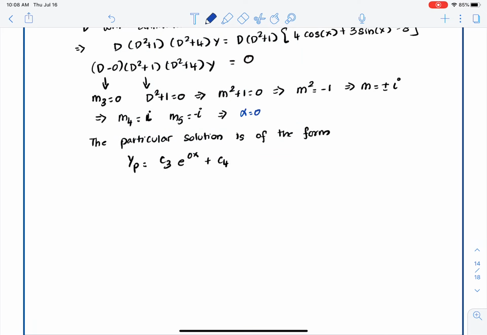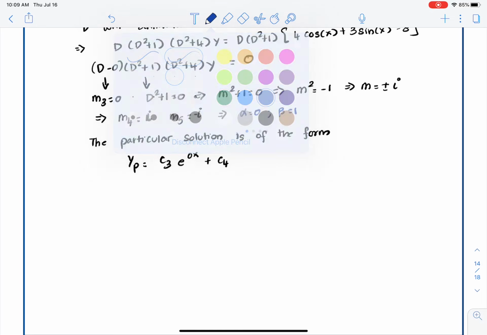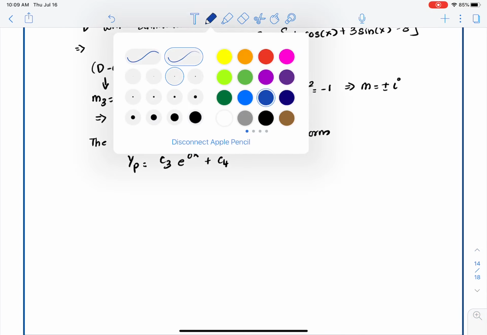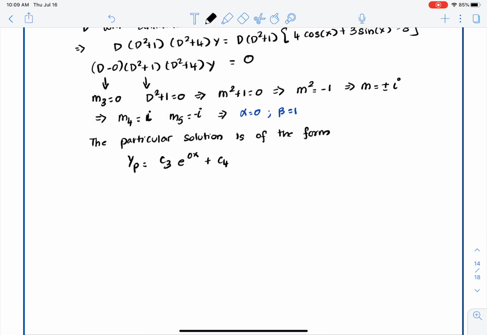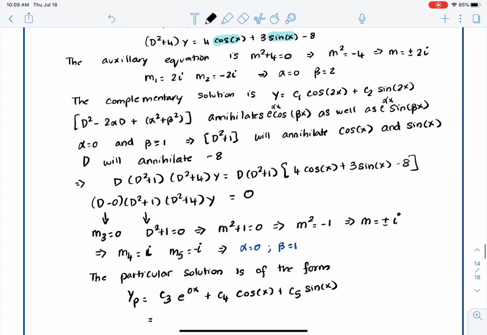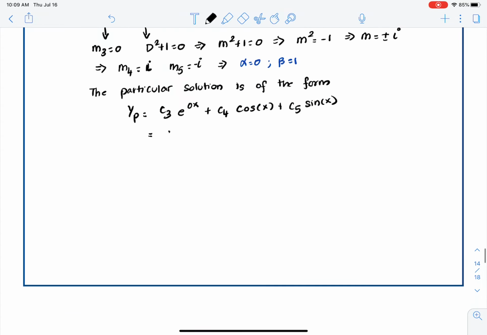Don't confuse it with the complementary solution. So I would have c4 cosine x plus c5 sine x. So the particular solution is of the form c3 plus c4 cosine x plus c5 sine x.